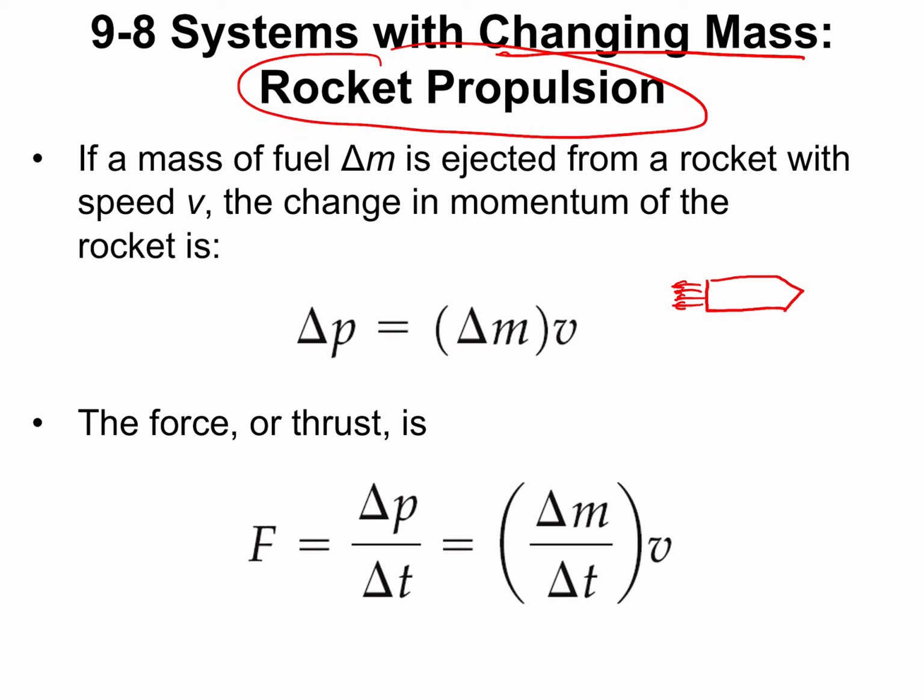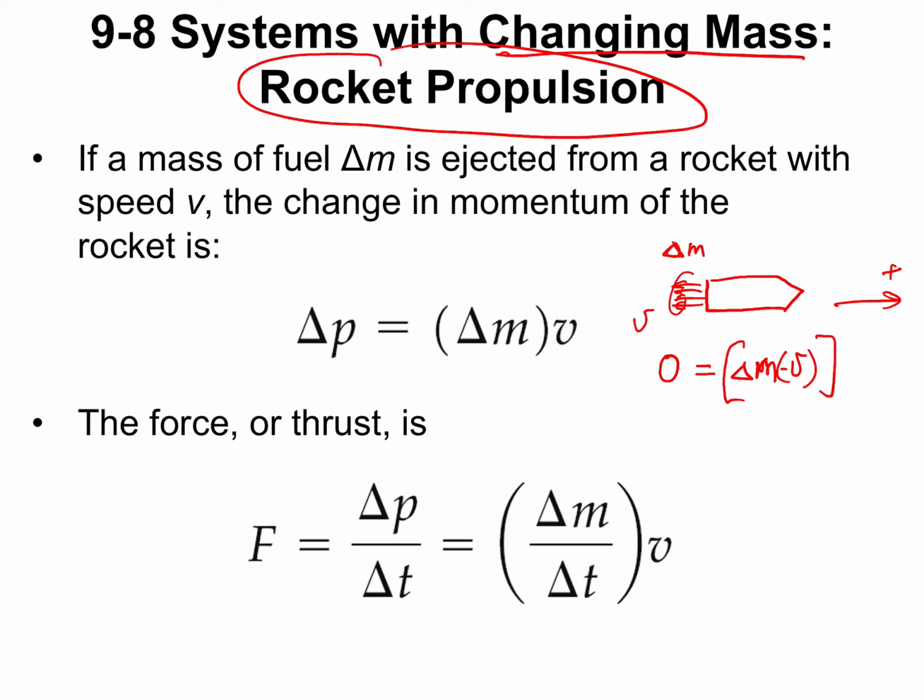Assume the ejected mass is delta m, and that mass moves out with speed v. For this rocket you have momentum conservation, right? Total momentum before, assume, is 0. Total momentum after: you eject this mass out with velocity v, and let's make this the positive direction.